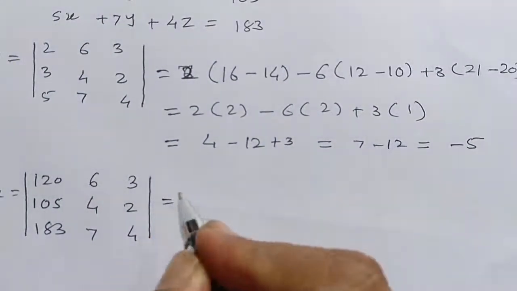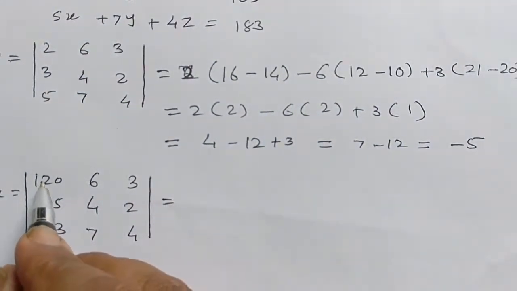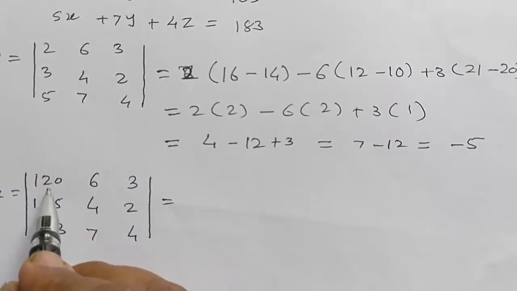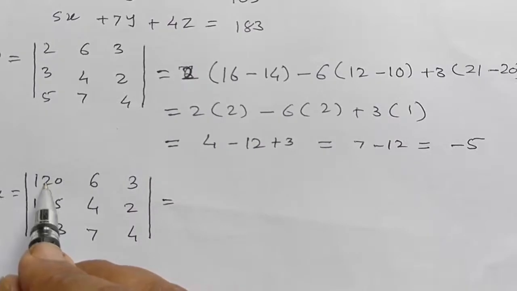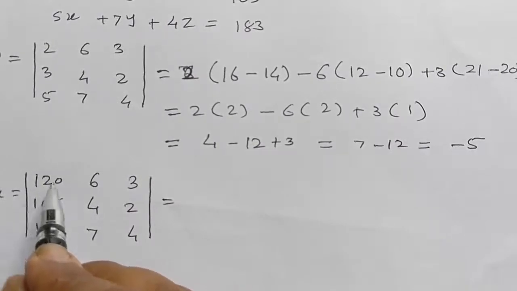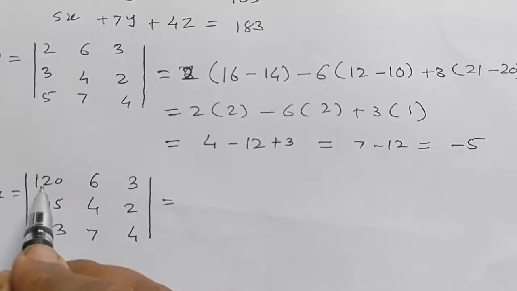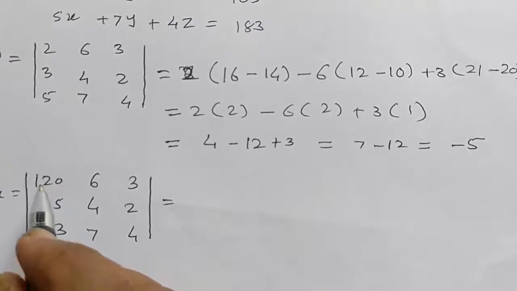Now we know by property, if every element of any row or column is multiplied by some constant, then the determinant is multiplied by that constant. Here 3 is common to every element of the first column, so we can take 3 common.